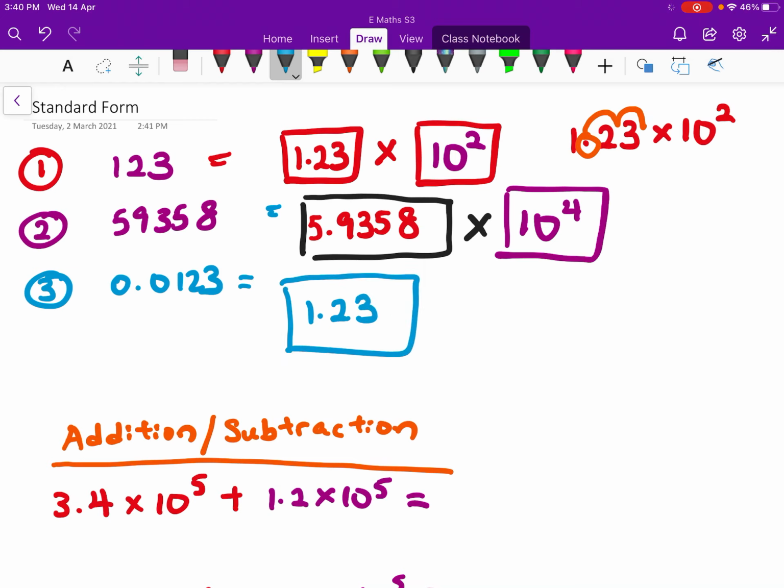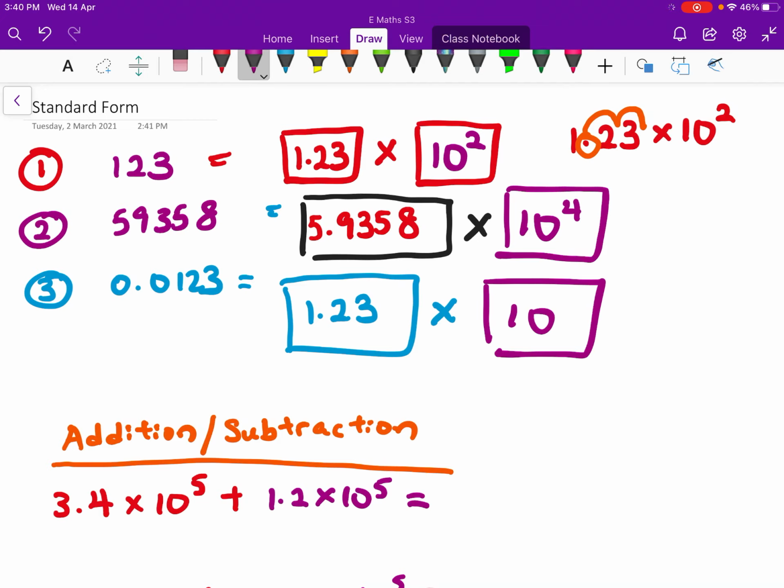Just put a box. Multiply by, the second number is always 10 to the power of something. So 1.23 must multiply by something. The decimal place must move 2 places. But this movement is towards the left.